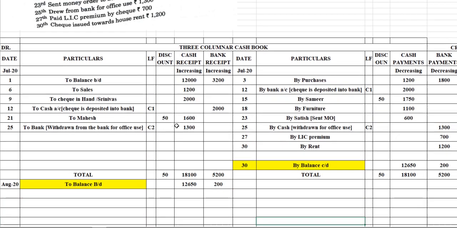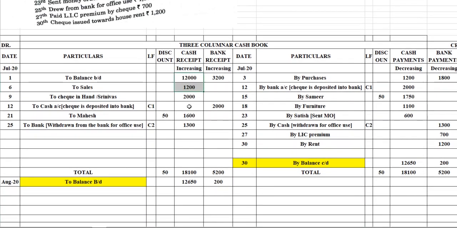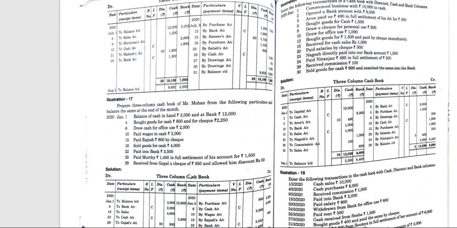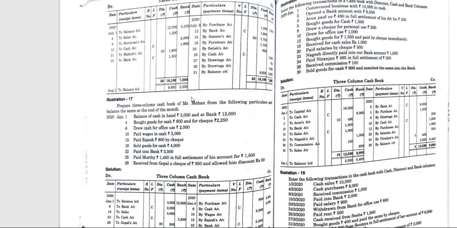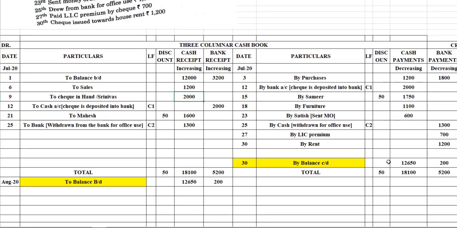It is correct. 16,100. What is missing here? 18,100. Correct. This is 18,100, but here it is 16,100. Why? It is because of check in hand. Okay.